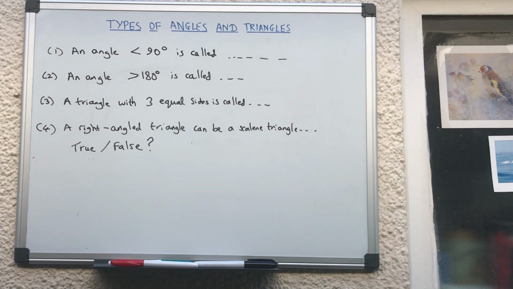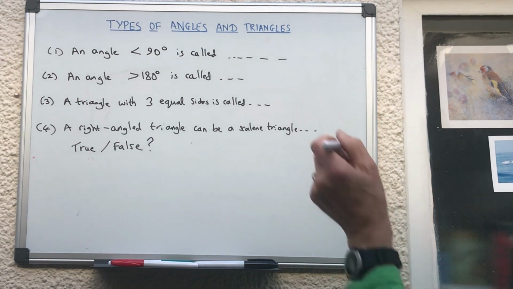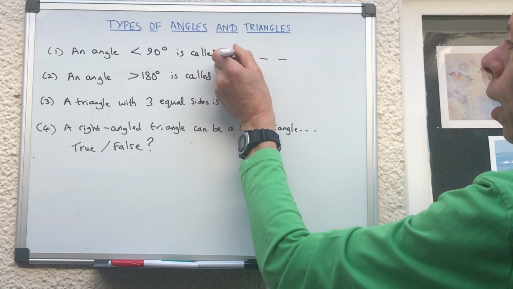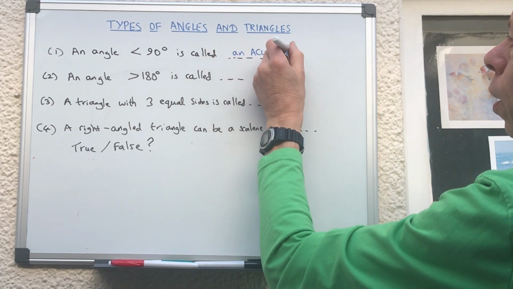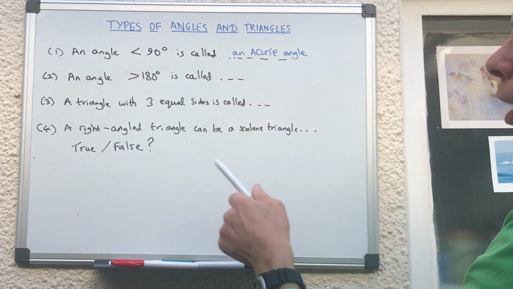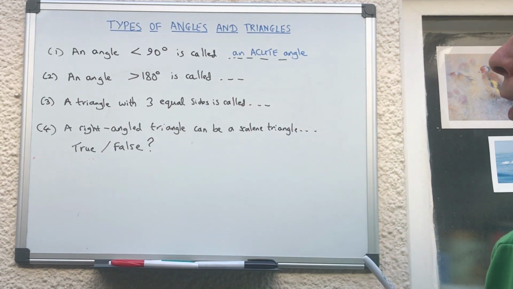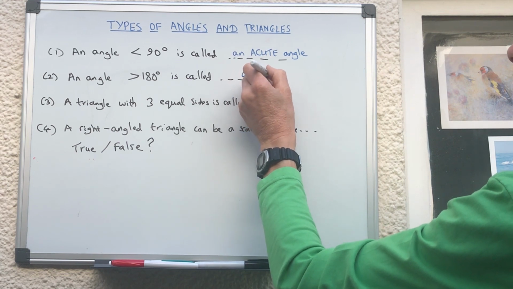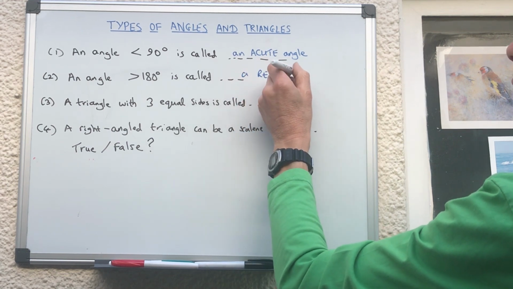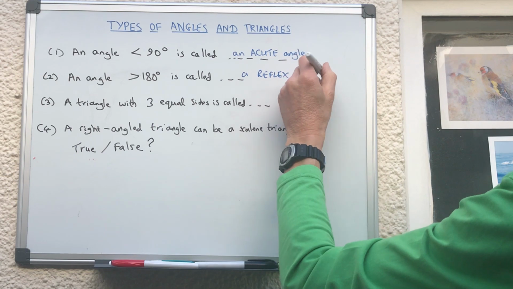Okay, an angle less than 90 degrees, small and cute, so it's known as an acute angle. An angle greater than 180 degrees is called a reflex angle.